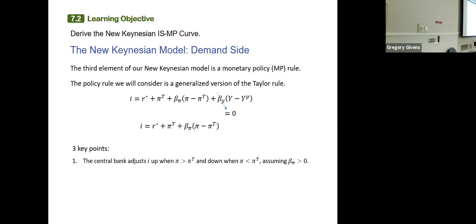So what this Taylor rule shows us is that policy is tightened, becomes more restrictive, if inflation goes above target. If inflation falls below the target, the interest rate is going to fall. Both of those things are going to be true as long as beta pi is a positive number. That 1.5 term that I just got on this separate piece of paper satisfies this condition.